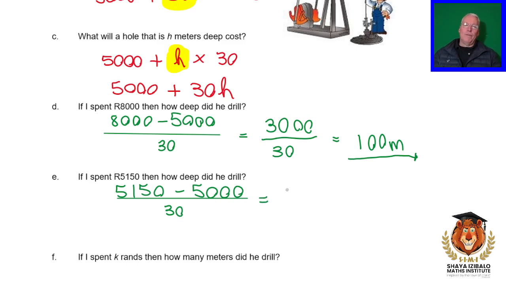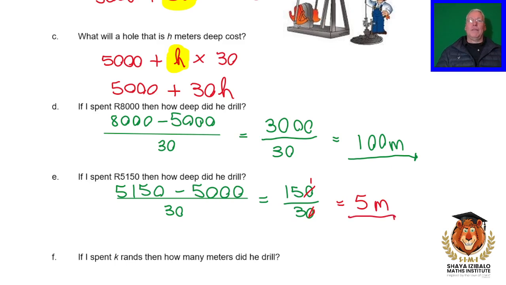Okay, so we actually get 150 divided by 30. Also easily done in our heads, because we can divide the top by 10 and the bottom by 10. Right? And so we get 15 divided by 3, we get 5 meters.